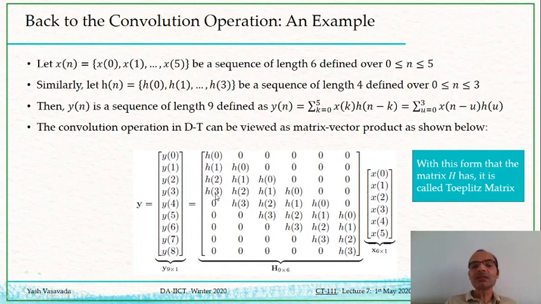It is H3 which comes first, then H2, then H1, and then H0. It's almost as if we flipped the H vector and wrote it in the reverse manner.